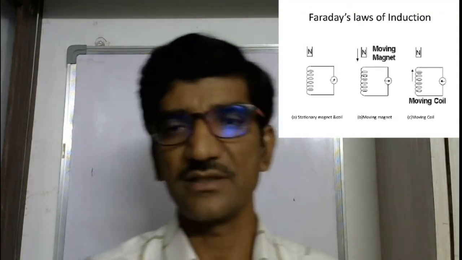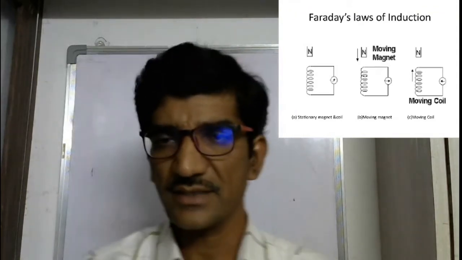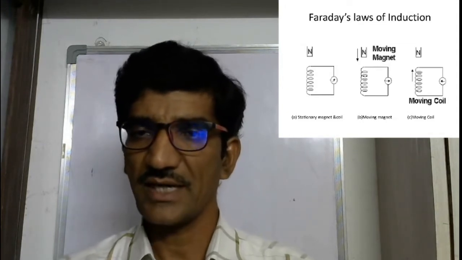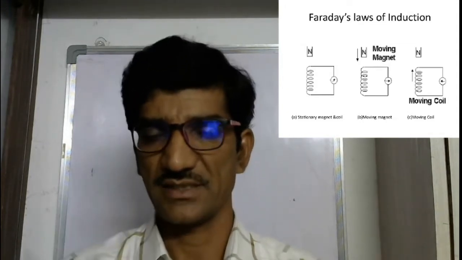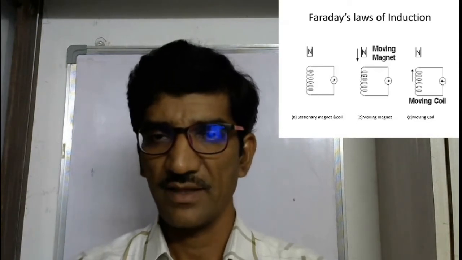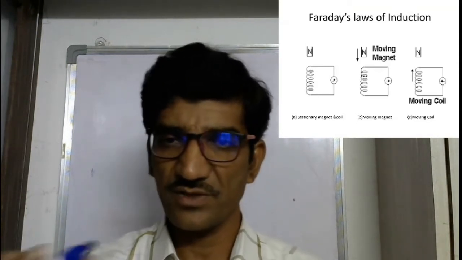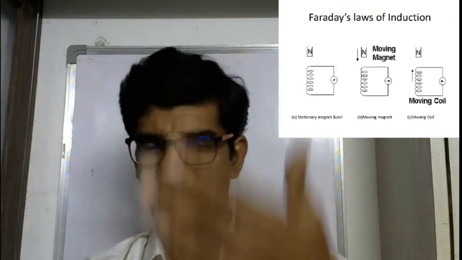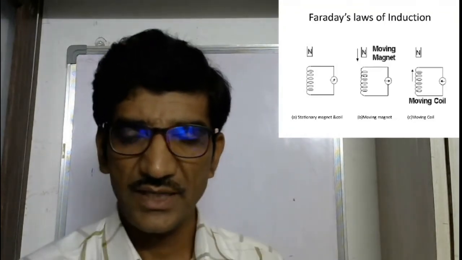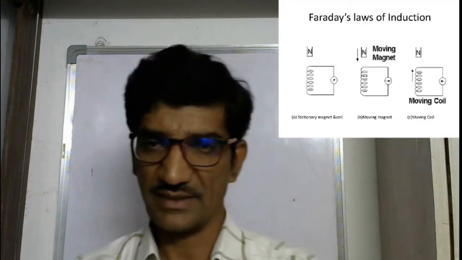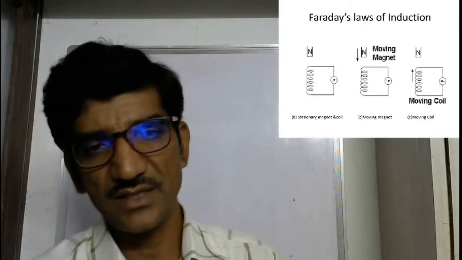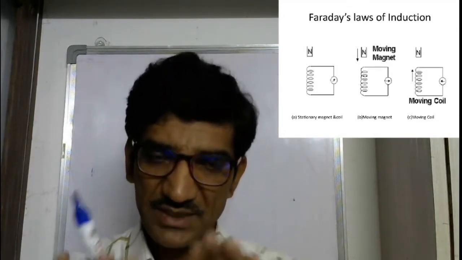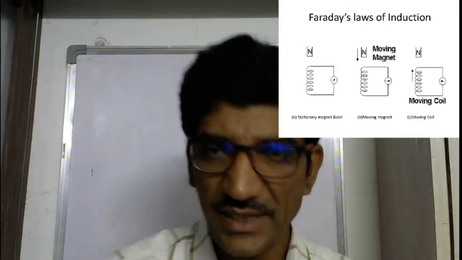Next, you go for the third case. There, the magnet is stationary, but the coil is moving towards the magnet. That means here you are placing the coil in the reference area, and you are moving your reference area within the surroundings of that magnet. That also causes a variation in the magnetic field in that particular area where the loop is placed.